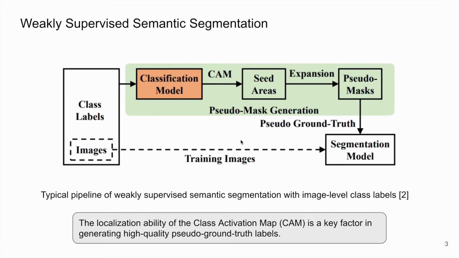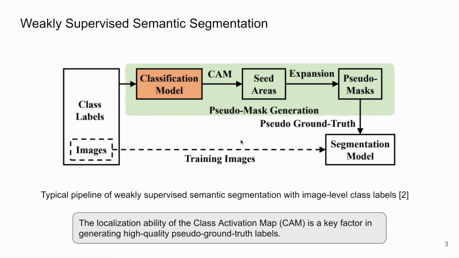Here we show the typical pipeline of weakly supervised semantic segmentation with image-level class labels. Firstly, we train an image classification model. Then we obtain the class activation map from the classifier. And we generate the initial seed area leveraging the localization ability of the class activation map.